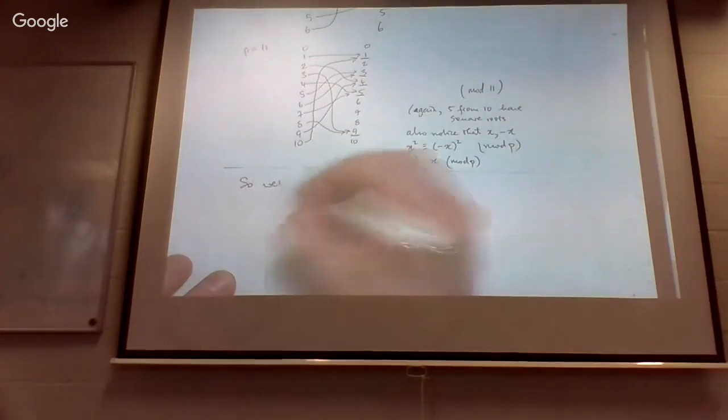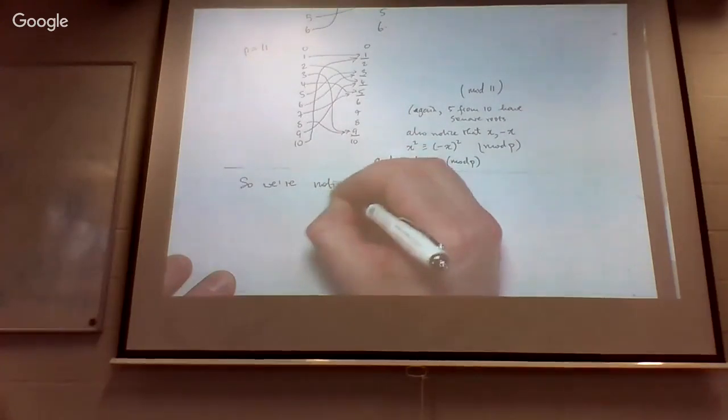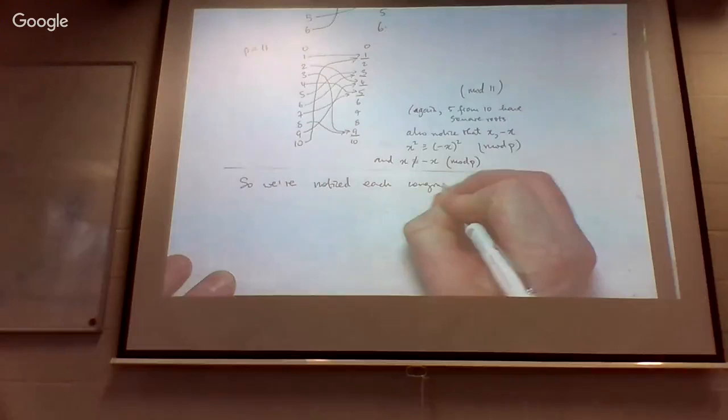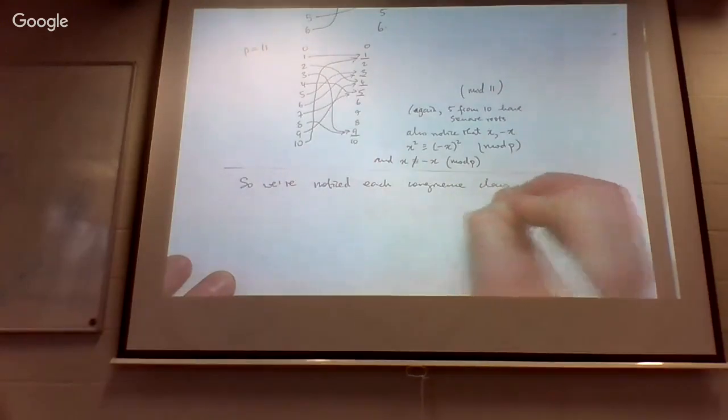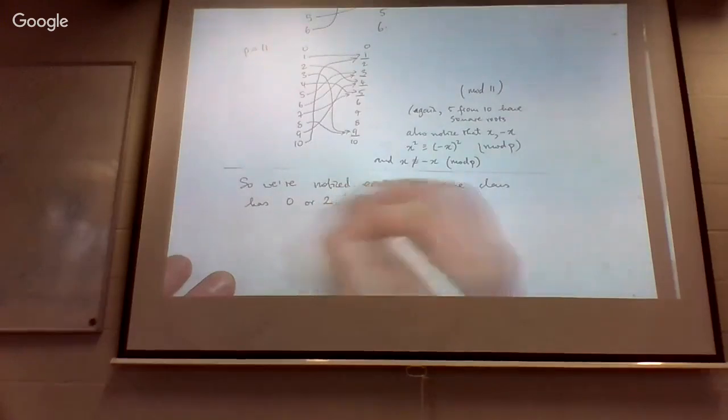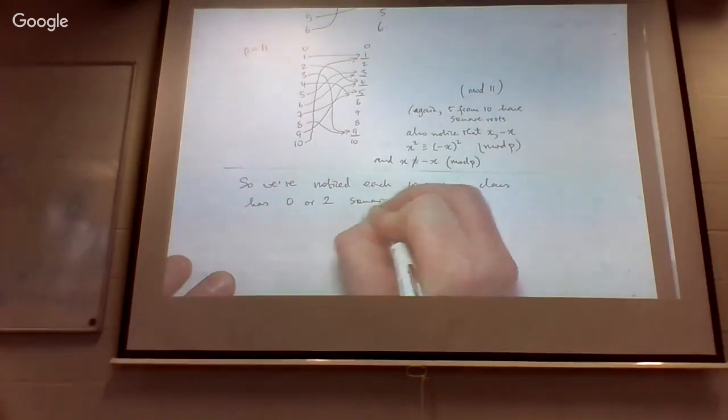So we've noticed each congruence class has 0 or 2 square roots.